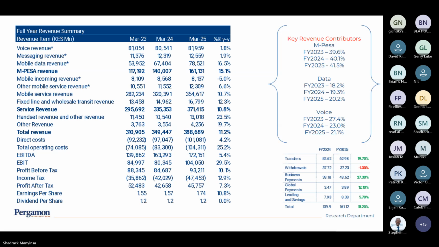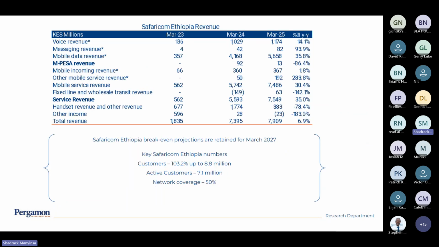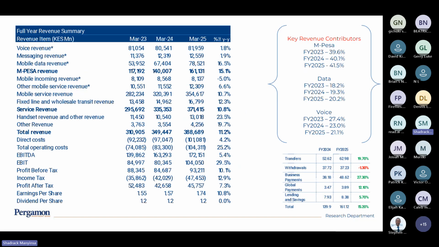Now, the net income, which was around 45 billion, was hit because of Safaricom Ethiopia, which recorded almost a 49 billion loss. That is a rise from around 40 billion recorded last year in 2024.